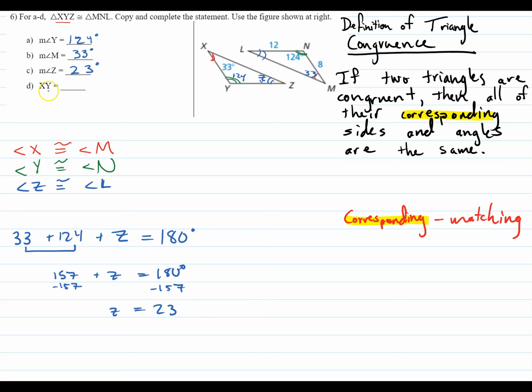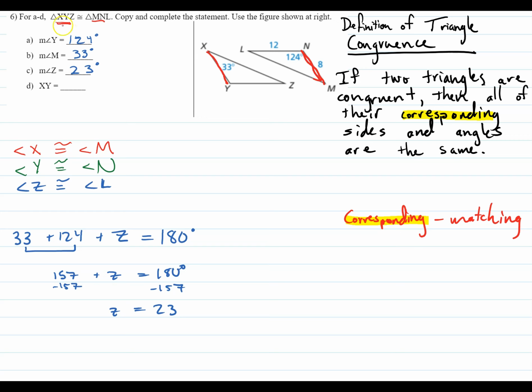Alright, last, looking for XY. I'm going to erase all the angle stuff to make it neater. XY is this side, and it's the first two letters of the triangle in the congruence statement. The first two letters of the other triangle are MN.